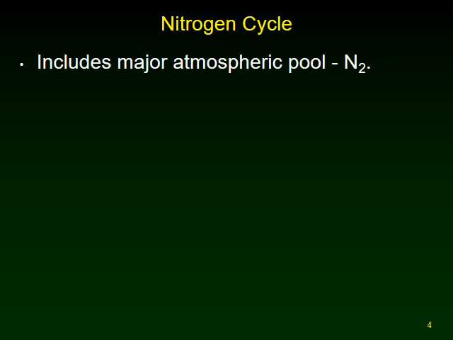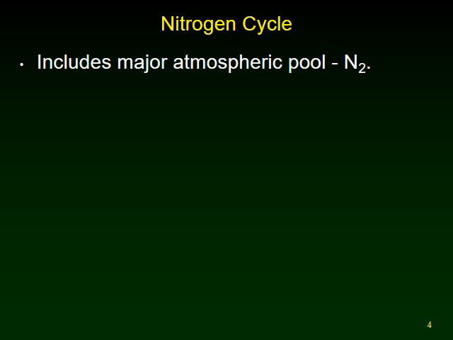The nitrogen cycle does include a major atmospheric pool. That's the form of the gas nitrogen, N2. And for most types of plants, nitrogen in this form is not available. So it has to be converted to another form by nitrogen fixation.